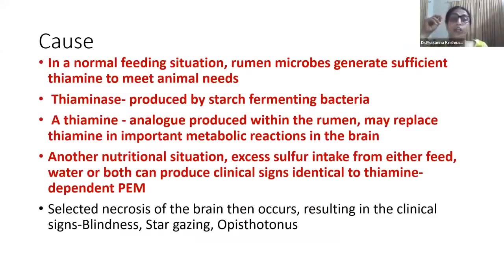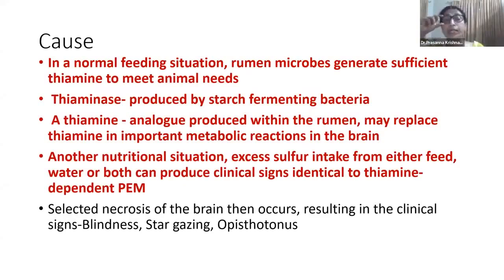In a normal feeding situation, the rumen microbes generate the thiamine to meet the animal's needs, so we need not supplement. But in some cases, an enzyme called thiaminase is produced by starch fermenting bacteria, and that will destroy the thiamine. Sometimes a thiamine analog is produced within the rumen, and that intervenes in the metabolic reactions in the brain, causing deficiency.